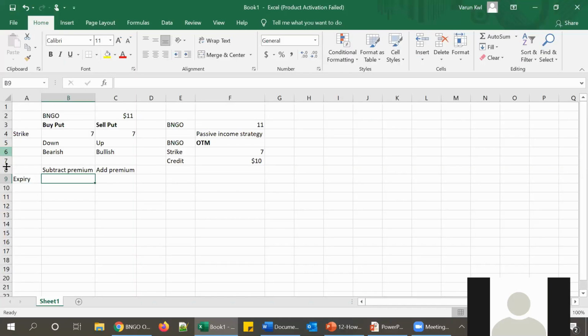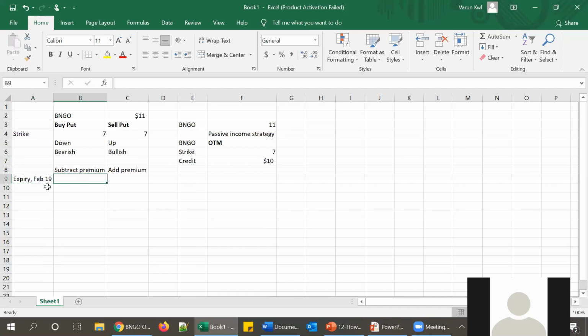But let me cover this. Expiry date, let's say this is Feb 19th. And if this particular price is, let's say, $8, Bingo price, what will happen? He's going to subtract premium.